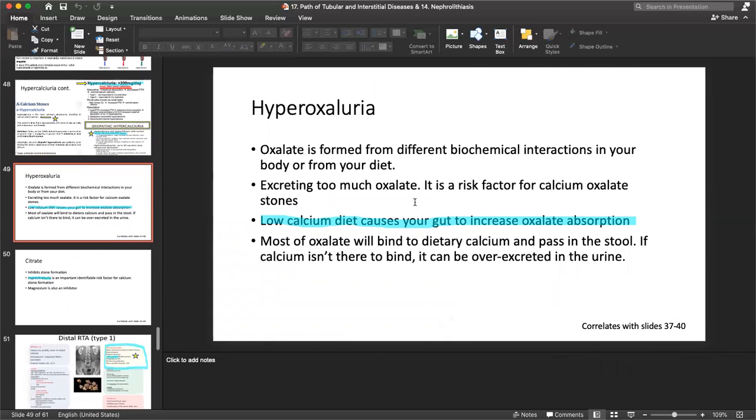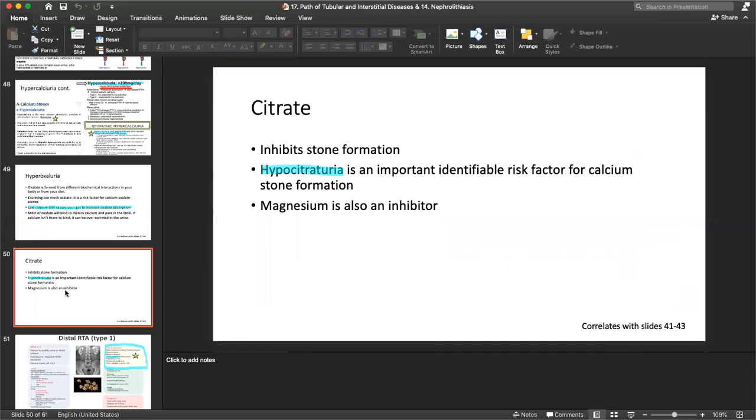High oxalate, low calcium diet causes increased oxalate absorption. So make sure that you eat a lot of calcium. So you've got these calcium oxalate stones, increased dietary calcium. Low citrate is going to be an identifiable risk for that calcium stone formation, and then magnesium is going to be an inhibitor.